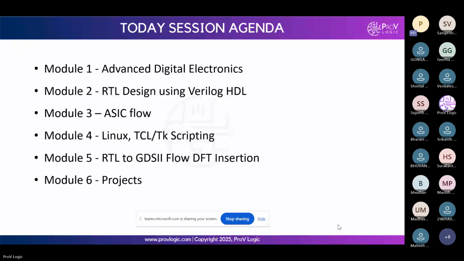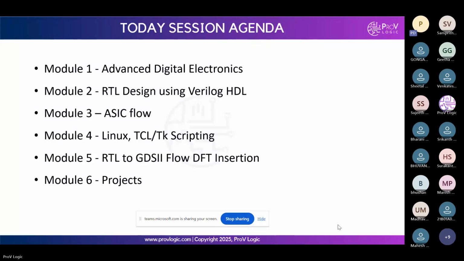In module 4, Linux and Tcl scripting. Tcl is the language that we will be using for physical design. Tcl means tool command language. Just like how we have other programming languages like Python or Java, we have tool command language.